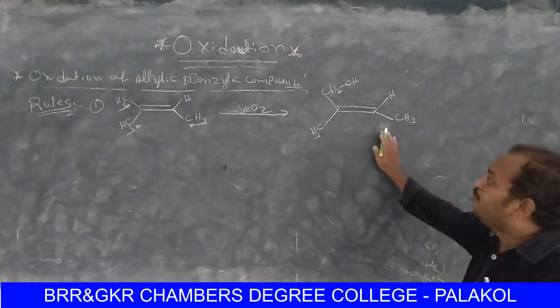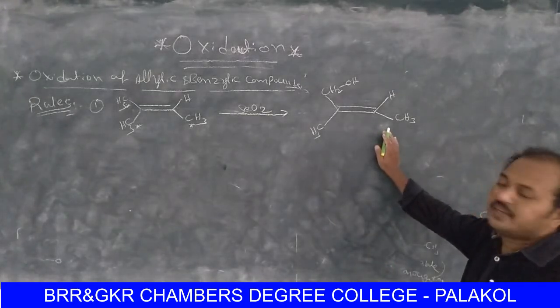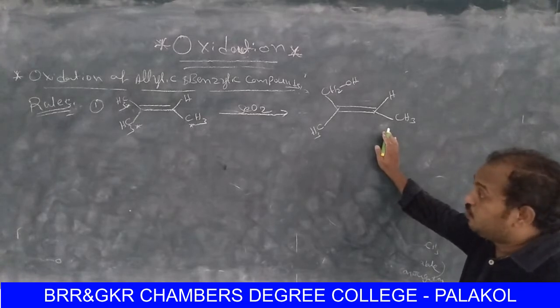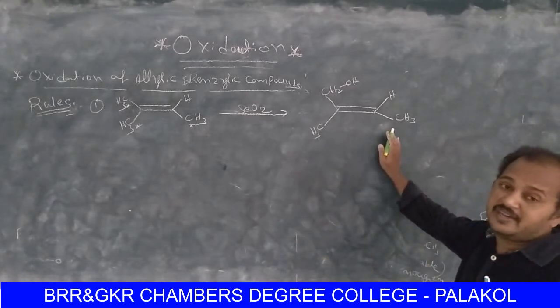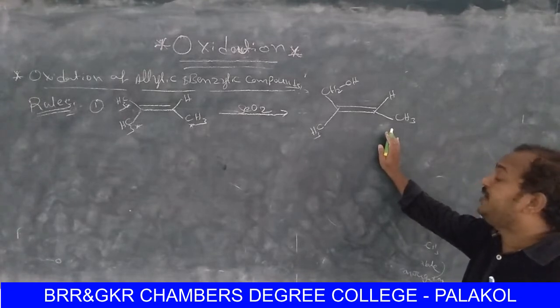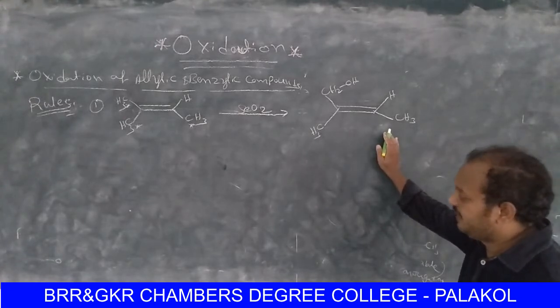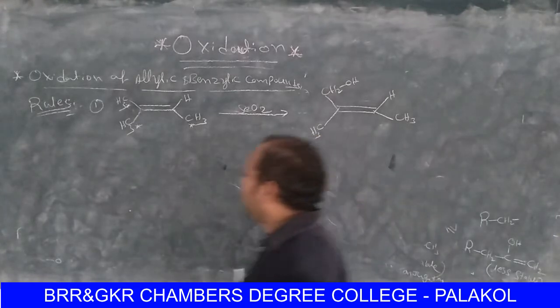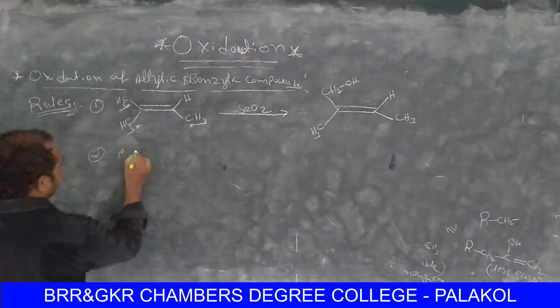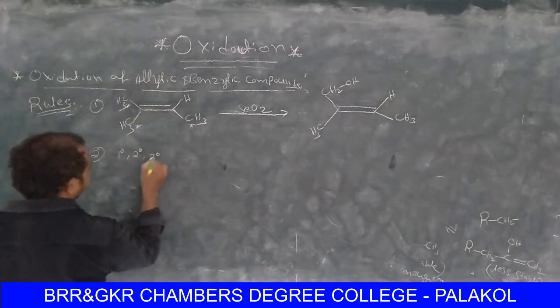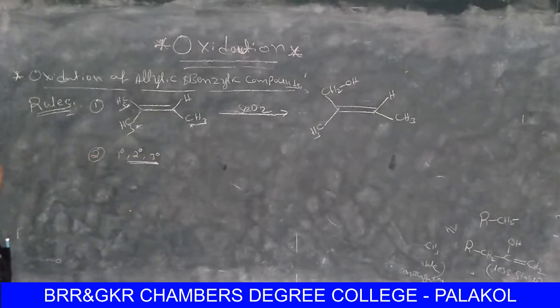So this is rule number 1. We get the allylic alcohol. Oxidation takes place at only one of the 3 allylic carbons, and that is the more substituted carbon, right?